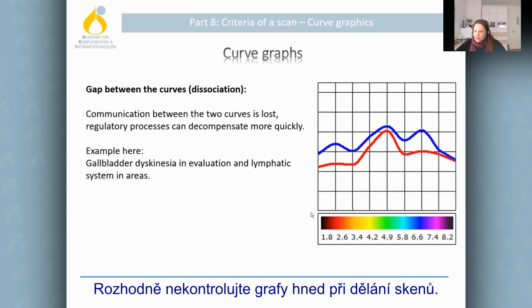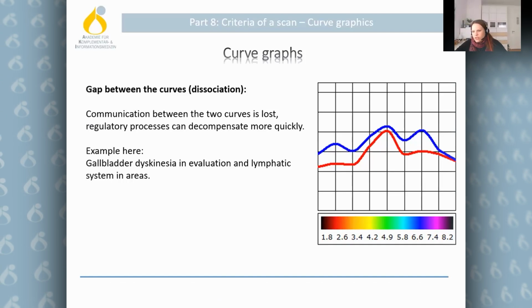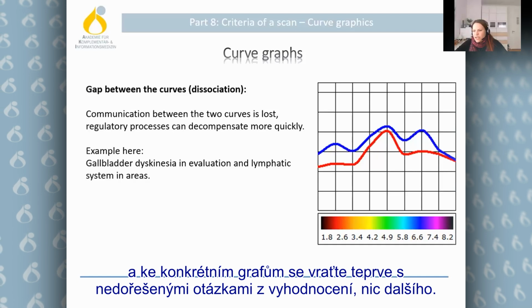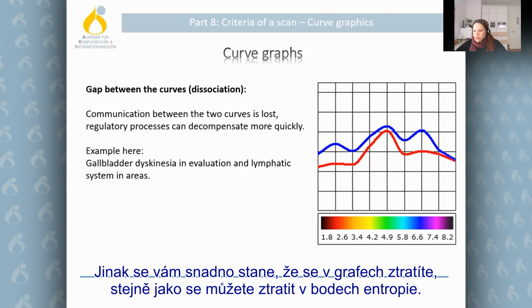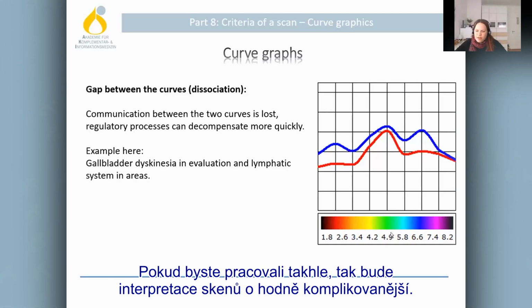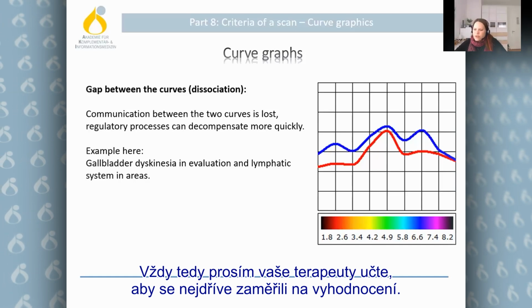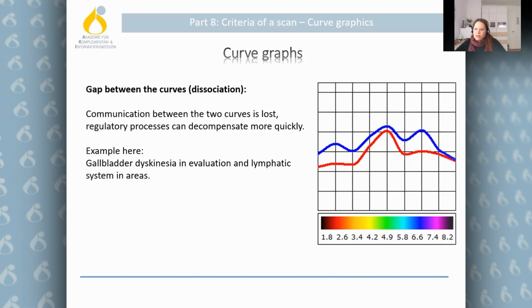You don't do the scan and check the graphs. You always do the scan, check the evaluation, and with the left questions from the evaluation, you can check single graphs, nothing else, because you can get lost in the graphs as well as you can get lost in the entropy point. It makes the scan interpretation much harder when you try it this way. Please always train your therapists to focus on the evaluation first, because everything else makes more work than the other way around.